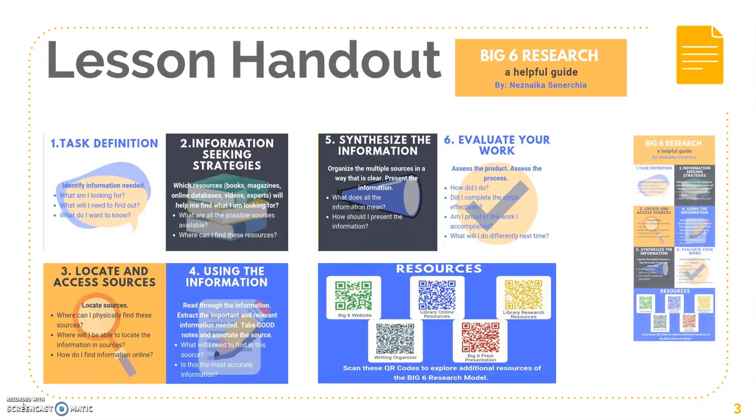We have another presentation about Big Six with excellent information. And we have our organizer to help us as we're doing our research. So I want you to have the Big Six research guide, this helpful guide, while we're doing our research, so that you can refer to it and ask yourself these questions to make sure that you are getting everything that you need.